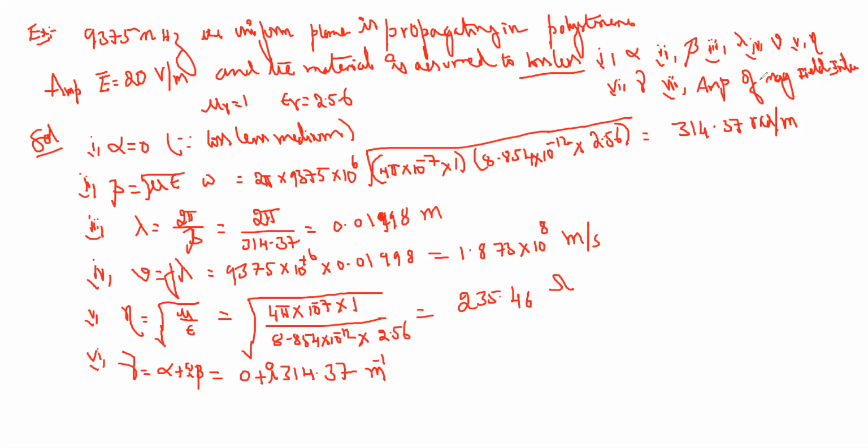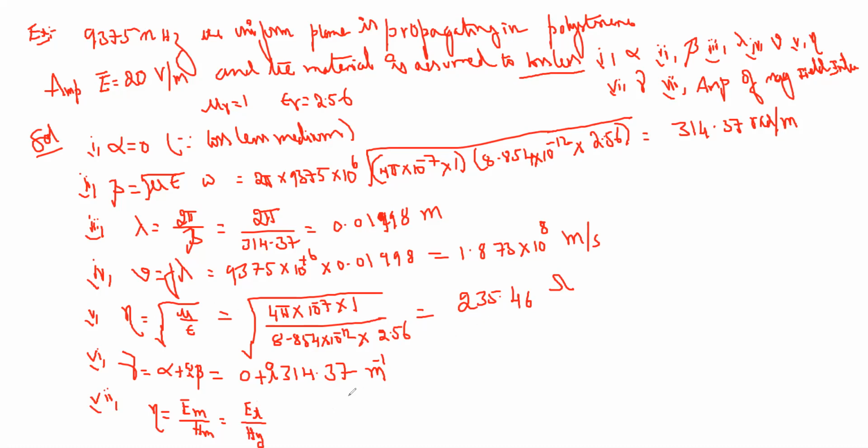And the other one they're asking, the seventh one, is the amplitude of the magnetic field intensity. We know the intrinsic impedance is related by Em by Hm. If this electric field is always in the X direction, so it is represented as X, the magnetic field is in the Y direction, it is Y. You need to find the Hy.